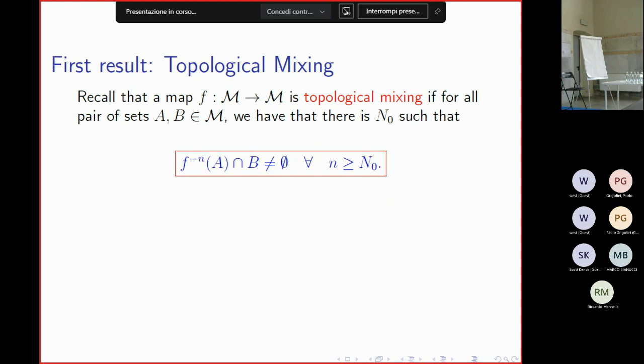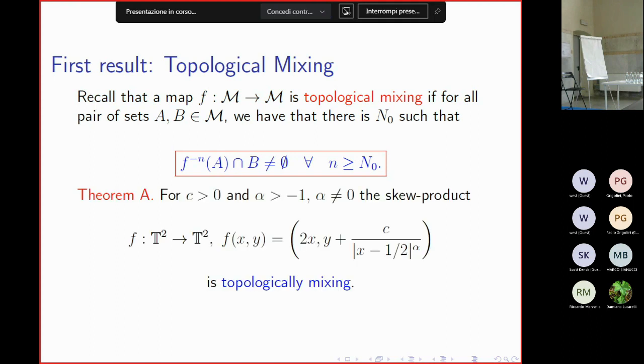And then the first result. The first result that we proved at that time was topological mixing. Recall that a map is topologically mixing if for every pair of sets A and B in the manifold, there is an integer N such that the pre-image of A intersects B for any n bigger than or equal to this number.